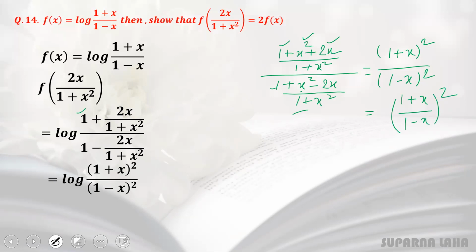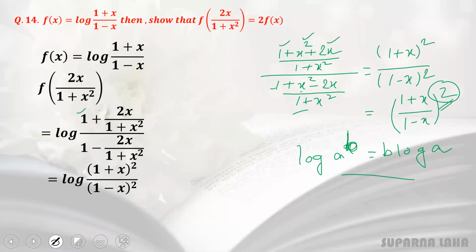Right? And there is a property of log: log a to the power b is equal to b log a, taking the power out. So ultimately we find log of 1 plus x by 1 minus x the whole square.